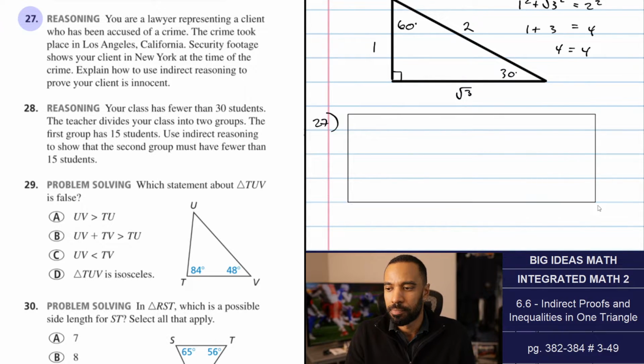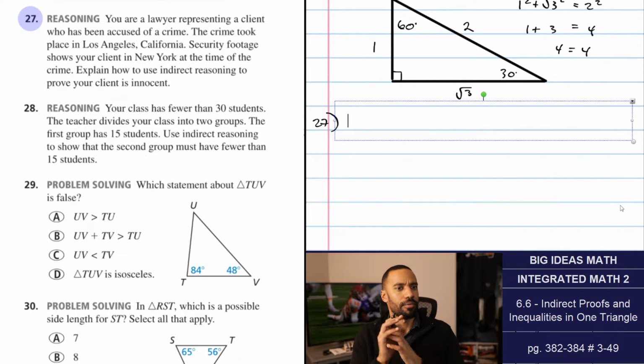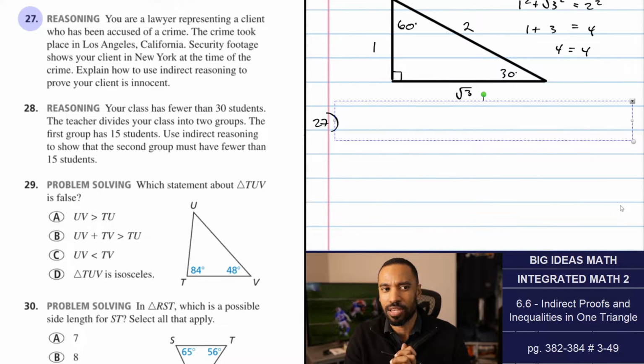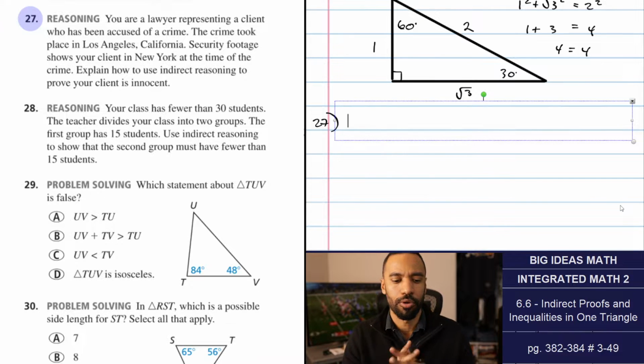So, what are we going to say? They were accused of being in Los Angeles. Security footage shows your client is in New York at the time. To prove your client is innocent, I want to prove innocence.